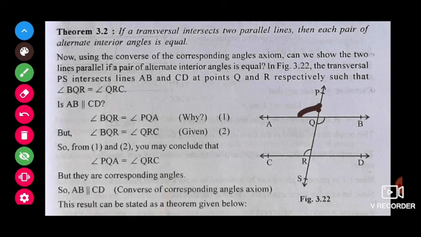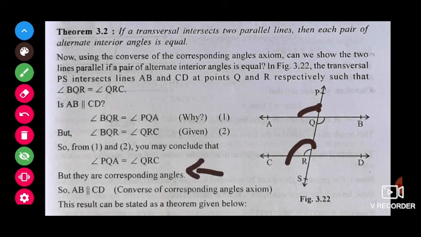Okay children, in the previous case we used the corresponding angles to show the interior angles are equal. Here we used the vertically opposite angles and the alternate angles, and we have shown that the corresponding angles are equal till this step.